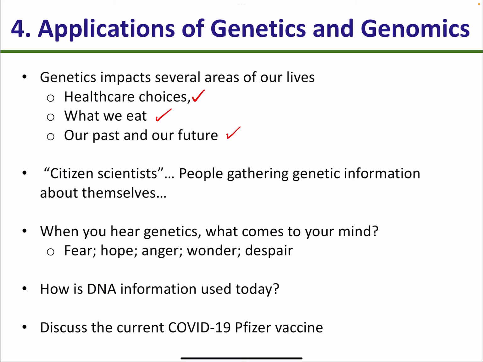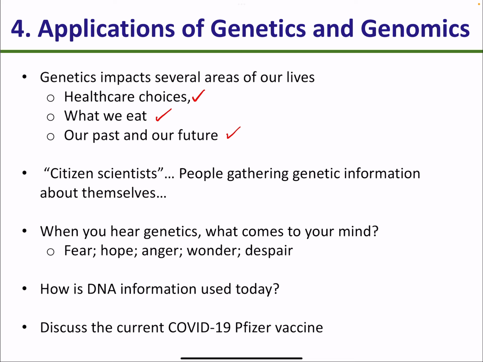Today we talk more and more about citizen scientists. Citizen scientists, it's basically when you as a citizen, you become curious about your genetic background. You want to know where you come from. You want to know if you are at risk of developing some cancers. You want to know if a treatment is going to be better suited for you or not.